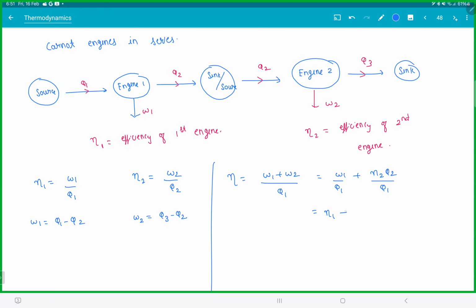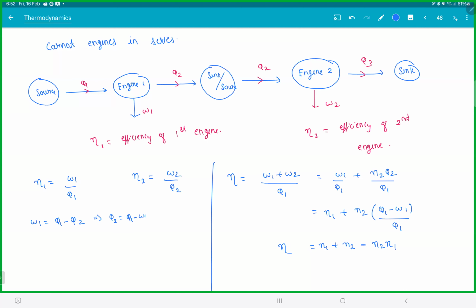W1 by Q1 is eta 1. And Q2 is Q1 minus W1. This will be eta 1 plus eta 2 minus eta 1 eta 2. There, that's your efficiency: eta 1 plus eta 2 minus eta 1 eta 2.